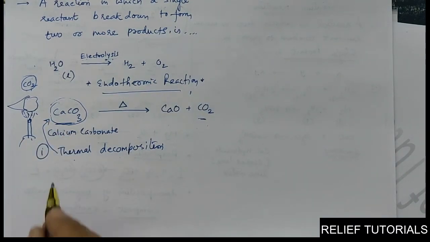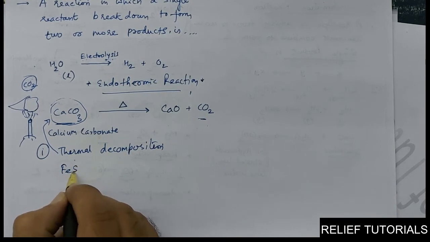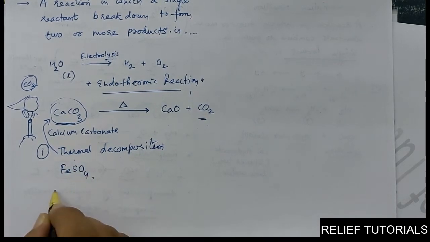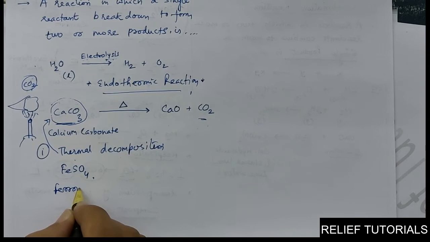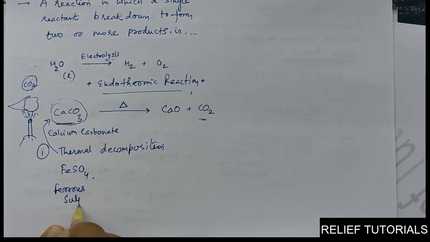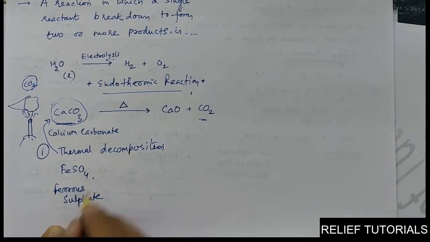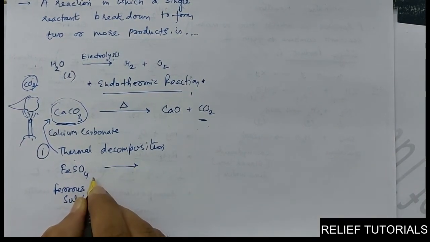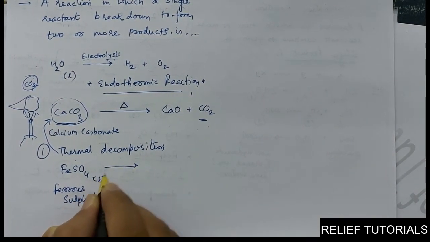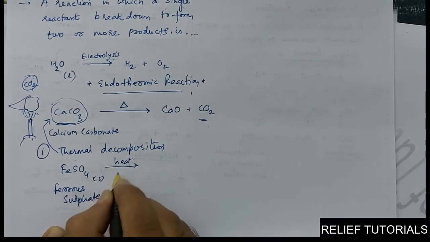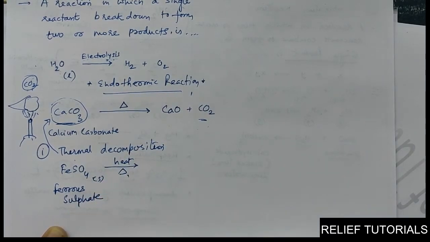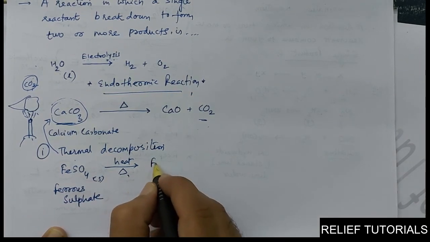Okay, one more example. Let us say FeSO4, ferrous sulfate. So ferrous sulfate, when heated strongly, it is in the solid state. When heated strongly, we are providing heat. Either you can write the word heat, or you can do the symbol of this heat, delta. So when it is heated, three different products are obtained.